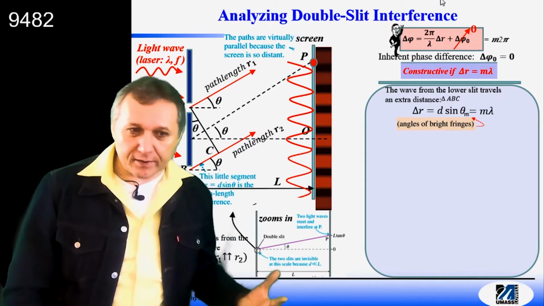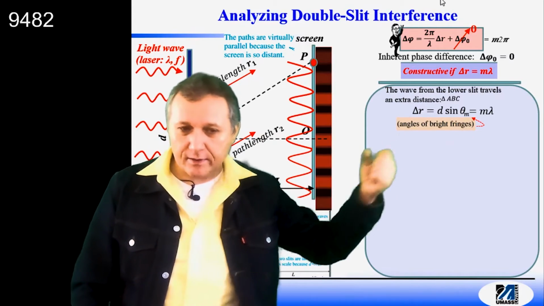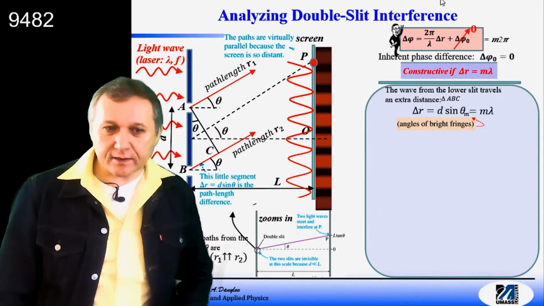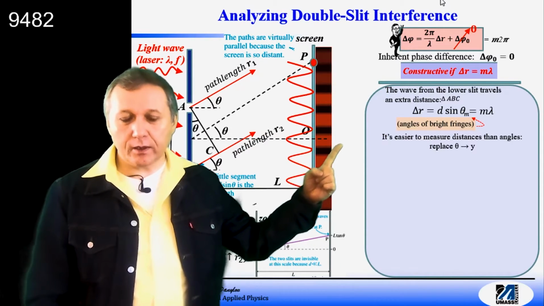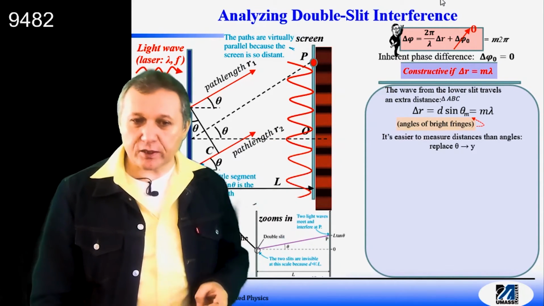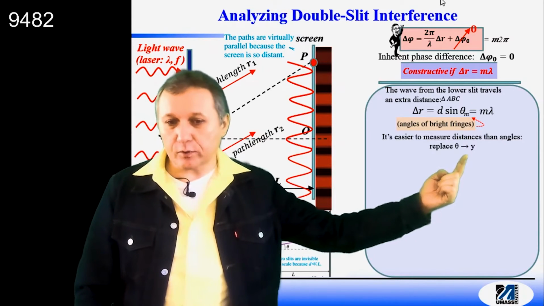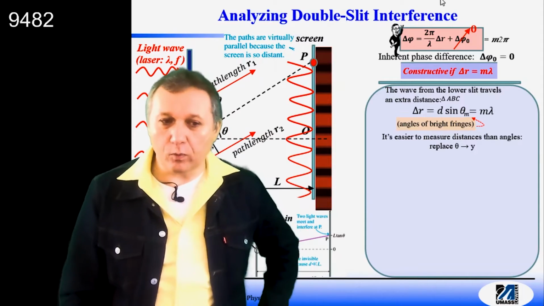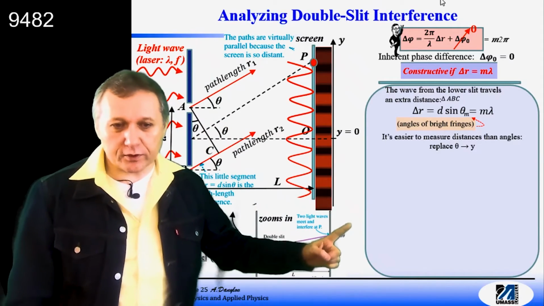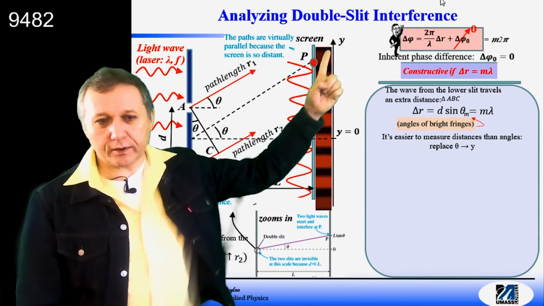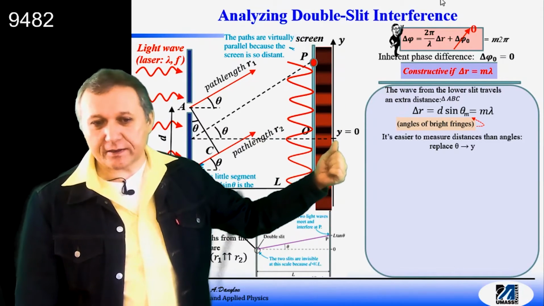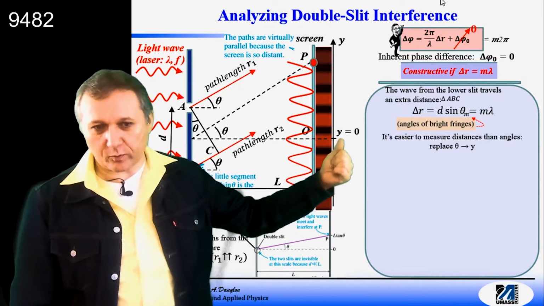So it's much better to adjust this equation slightly, so that we can measure the distance from the center of the screen to the point where the bright spot is. Instead of dealing with theta, we can deal with y. What is y? I introduce a coordinate axis y, pointing upward, and 0 is over here, the origin, y equals 0.